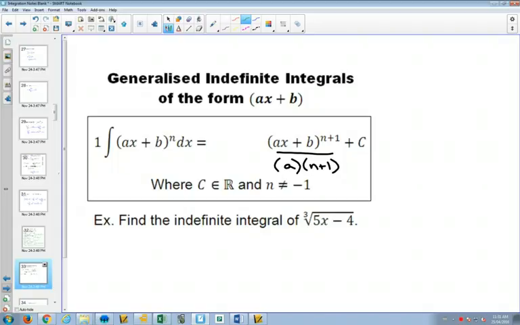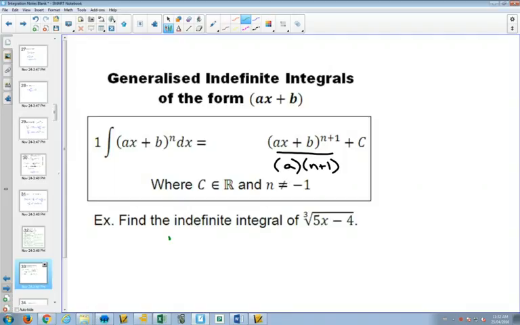So now we're going to look at each of the ones that we've done so far and say, if we had a function inside that's basically a line in the form y equals mx plus b, we're going to have to divide by that number in addition, because there would have been a chain rule to begin with.